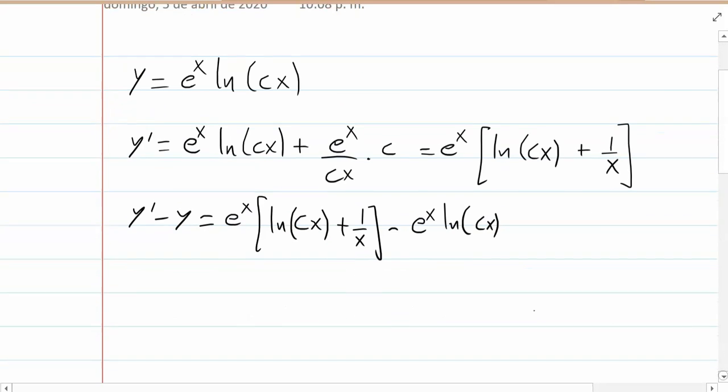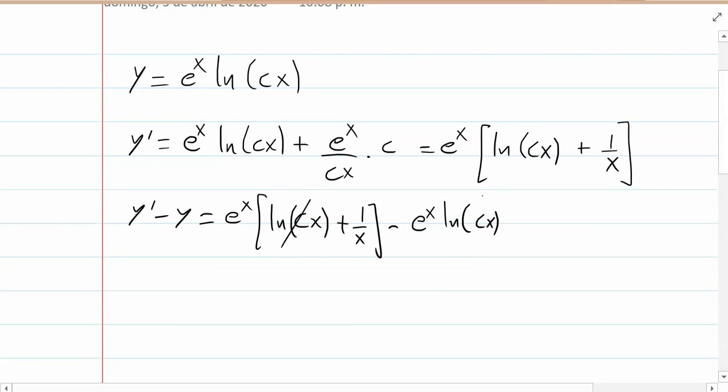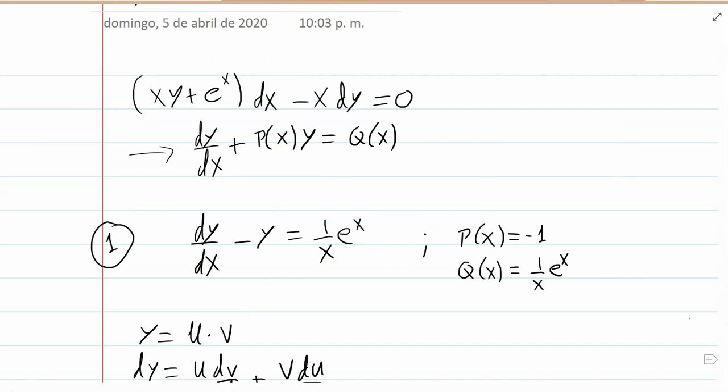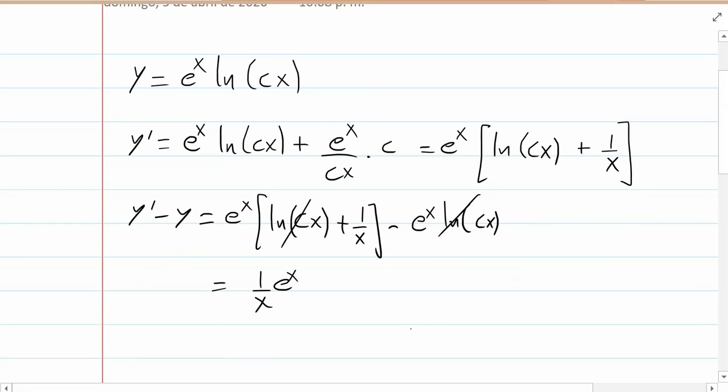So these two terms cancel, and I get (1/x)e^x, which is exactly what we have here.